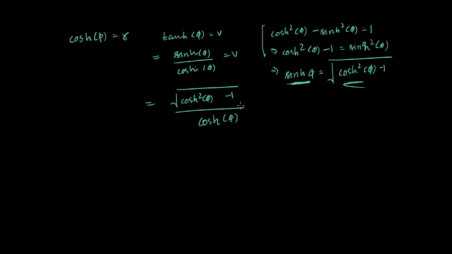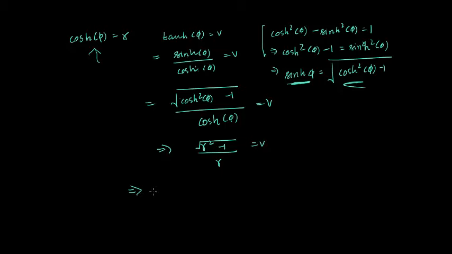that will be v, and that means that if we substitute gamma in place of cosh phi, we'll get the square root of gamma squared minus 1 over gamma is going to be v.